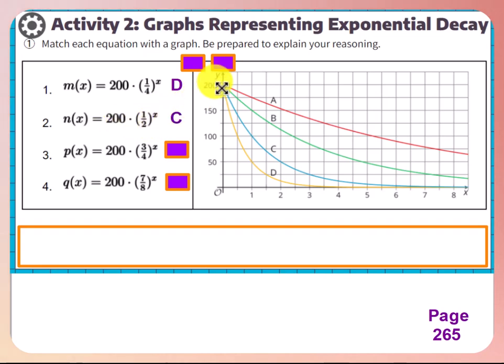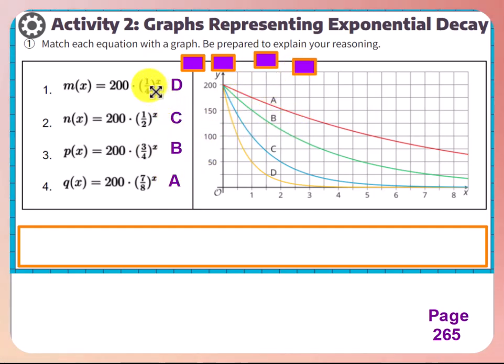Start with 200 and we go down to 100. That's going to be C. And then 3/4 is going to be B, and then 7/8 is going to be A.